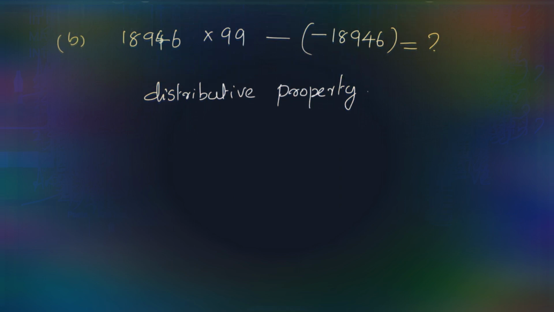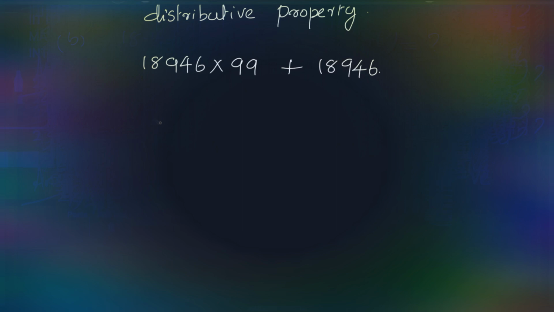Distributive property. Here we can take the 18946 common, and rewrite the question like this: 18946 into 99, this negative into negative equal to positive, plus 18946.